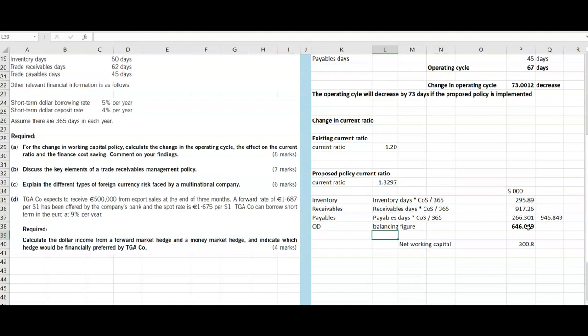So you can say that the current ratio will be better after the implementation of the proposed policy. So that's that answer.